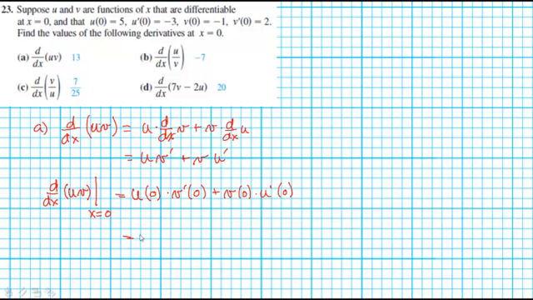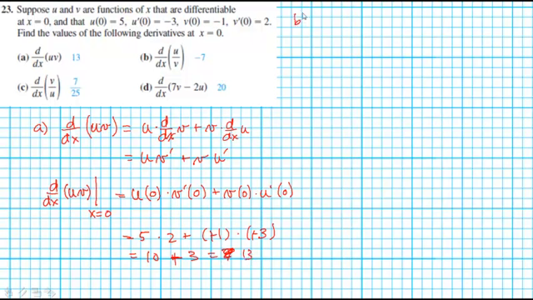Sorry, u at 0 is 5. v at 0 is 2. u at 0 is 5, v prime at 0 is -1, and u prime at 0 is -3. Putting it all together, we get 10 minus 3, or 7. Oops, 10 plus 3 is 13. That's better. So that's how that problem gets done.